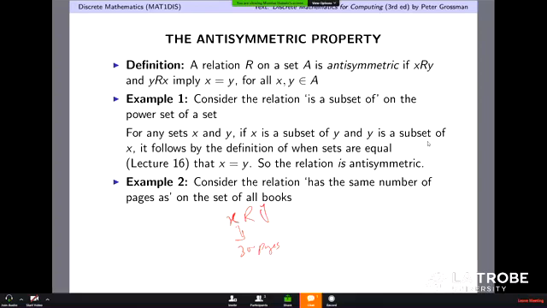So it has the same number of pages, so X is related to Y. Y is also related to X because Y also has the same number of pages as X. But X is not equal to Y, because they are different books. Of course, it's true for all. Whatever two books you choose, they are not the same.